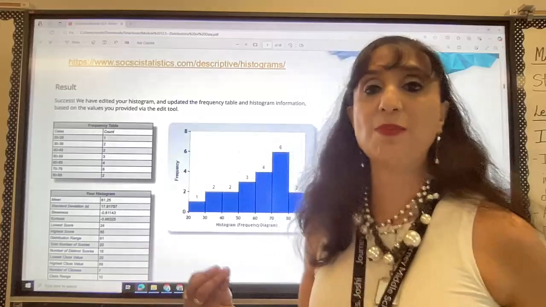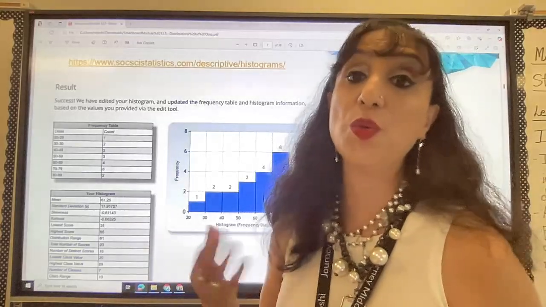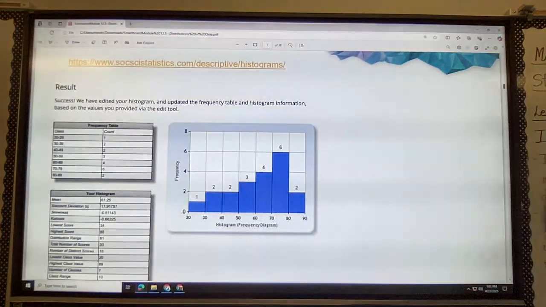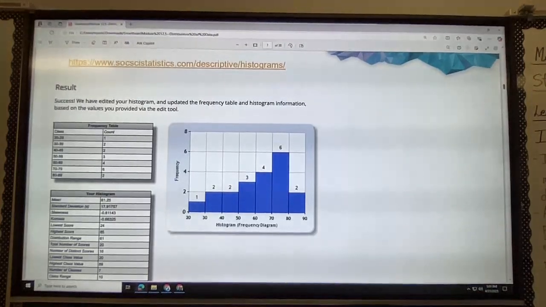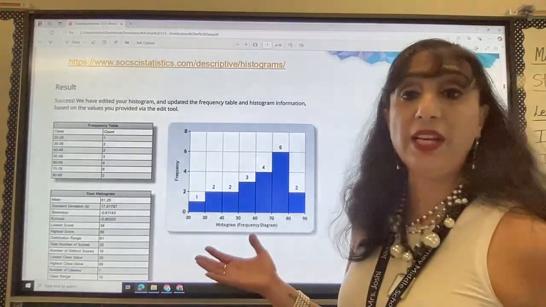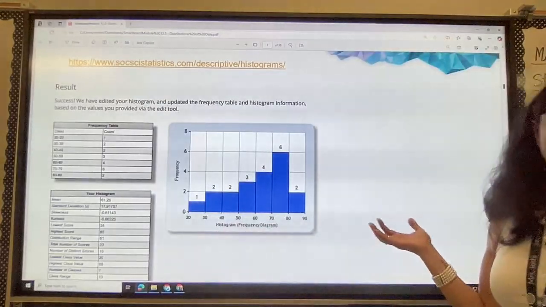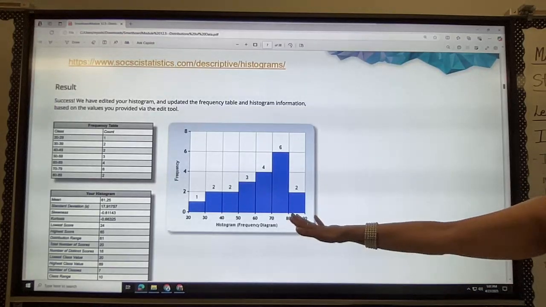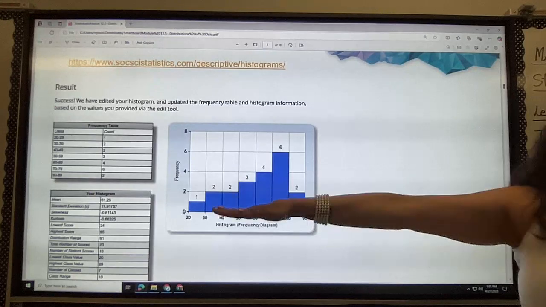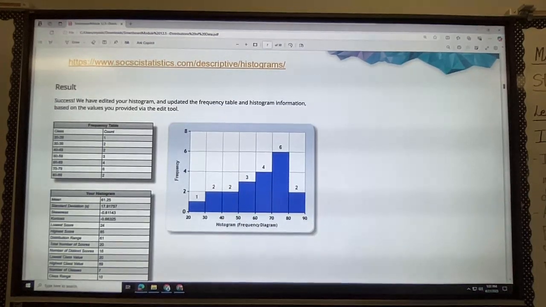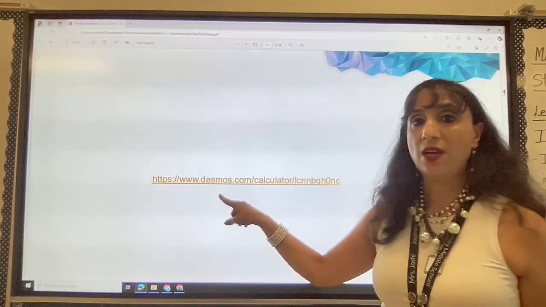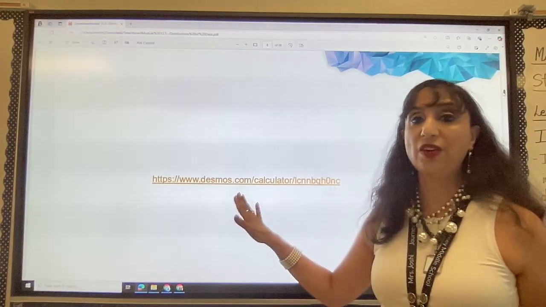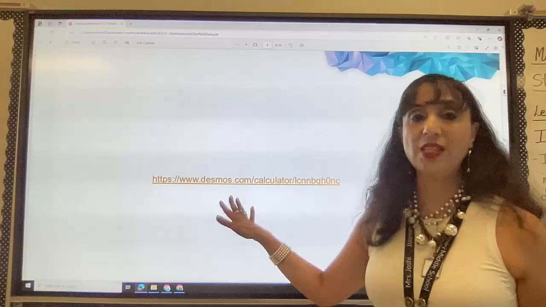So in this case, because it's skewed left, I am going to use median, and I am going to use my interquartile range for the variability of the data. Okay, and so again, the histogram is higher on the right and has a tail on the left, therefore it is negatively skewed. Desmos.